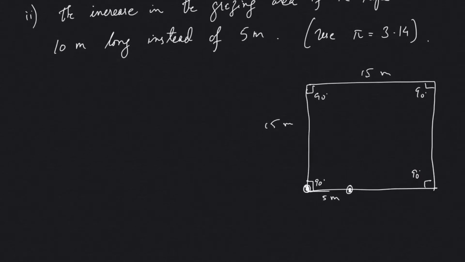That means if we go for the maximum length of the rope, that is 5 meter, it can graze up to this portion. That is, it will create a circular arc, which ultimately will create a sector for us.